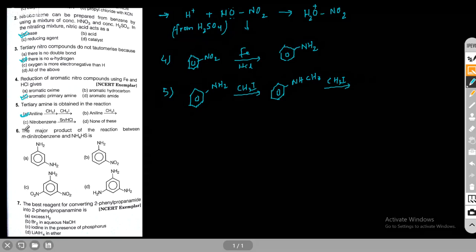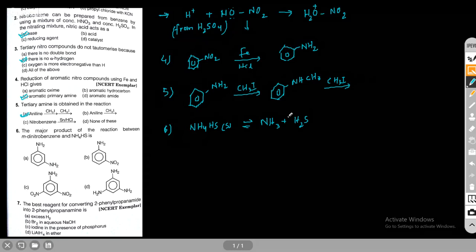See, actually NH4HS that you have here, question number 6. NH4HS will form NH3 plus H2S.